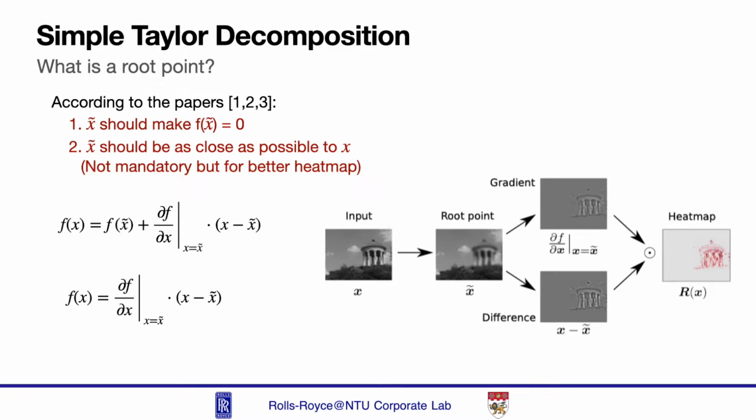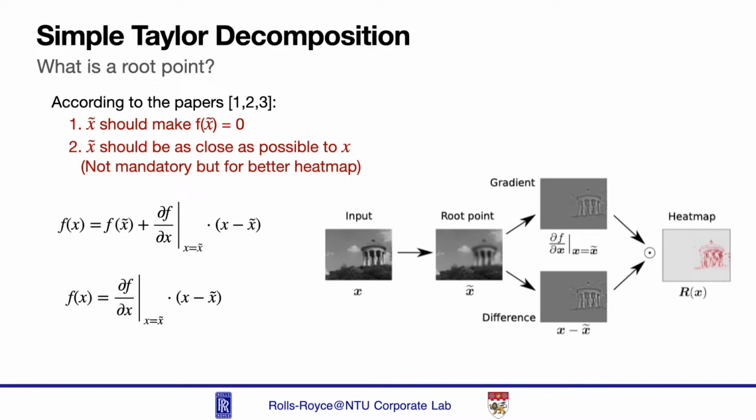So this is the part I find most difficult to explain, and also Professor Clement and Professor Deepu were a bit confused by it. But the overall idea is that if we find a root point x tilde such that f of x tilde equals 0, that means, if we think of this function f as a classification function, and it outputs 0, it means no object of interest is detected.